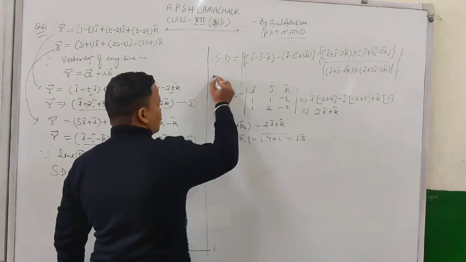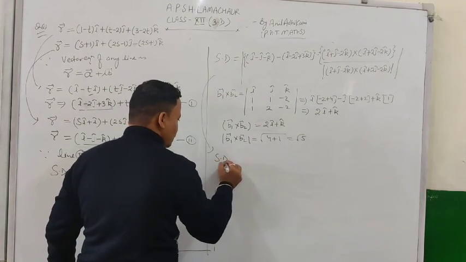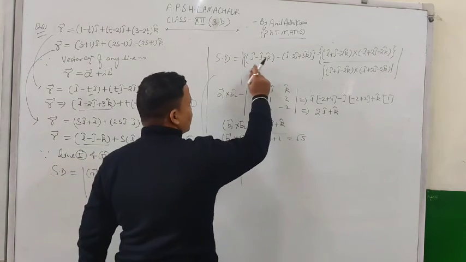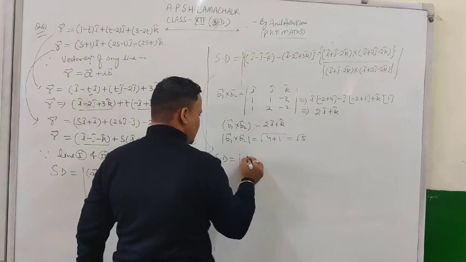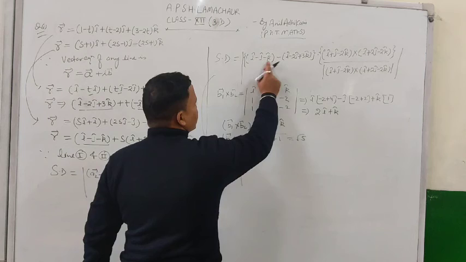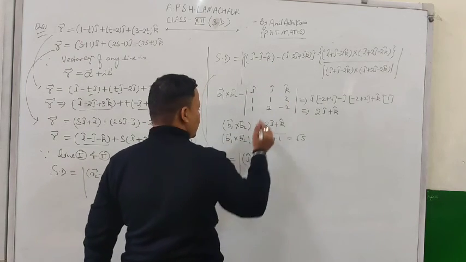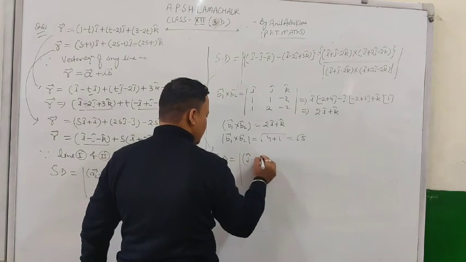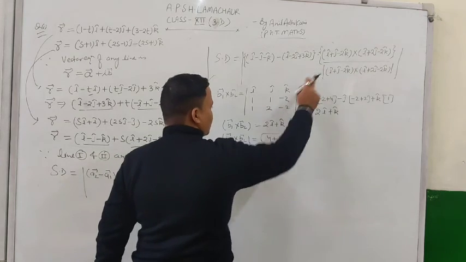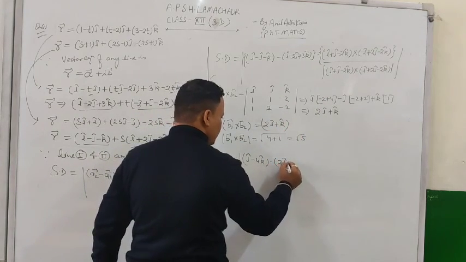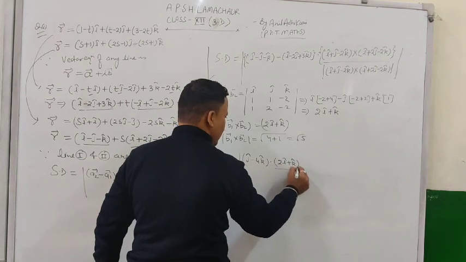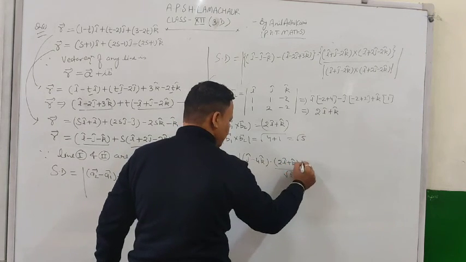Okay, so putting all these values here, SD is equal to magnitude of a2 minus a1: i minus i 0, minus j plus 2j that is j cap, minus k minus 3k that is minus 4k cap, dot b1 cross b2, which we have found out, it is 2i plus k, divided by its magnitude, which is root 5.